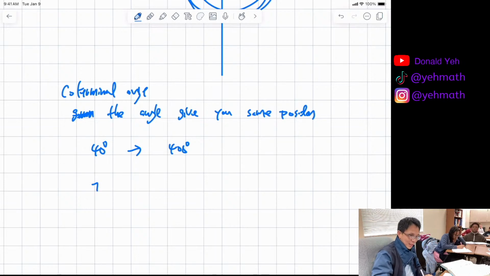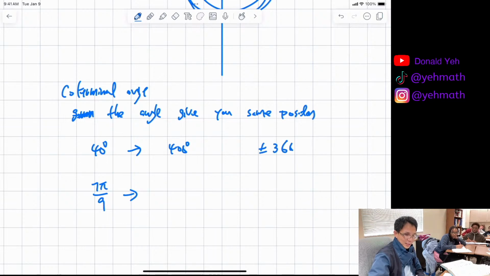Okay, what about 7 pi over 9? How do you find a coterminal angle of 7 pi over 9? You can add and subtract 360 degrees. You can even subtract 360 degrees.